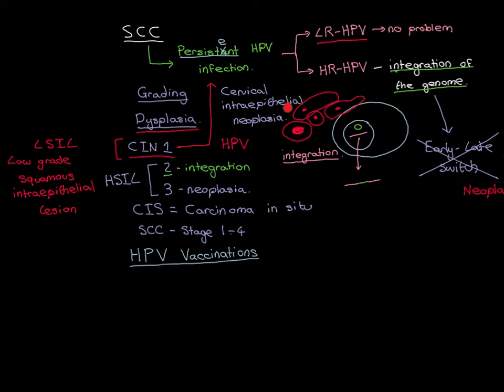And the way that you can see dysplasia is that the cells will all be different sizes and will have different nuclei, and how severe the dysplasia is corresponds to how far you are along the neoplastic transformation pathway.